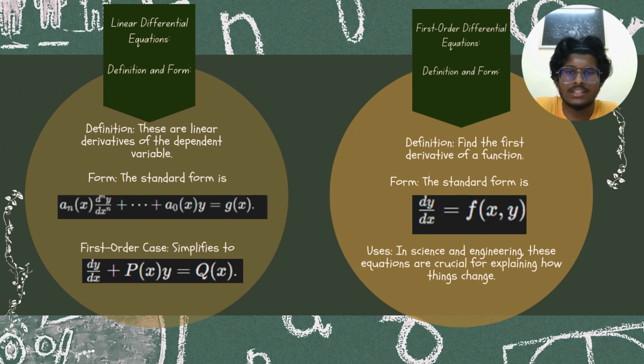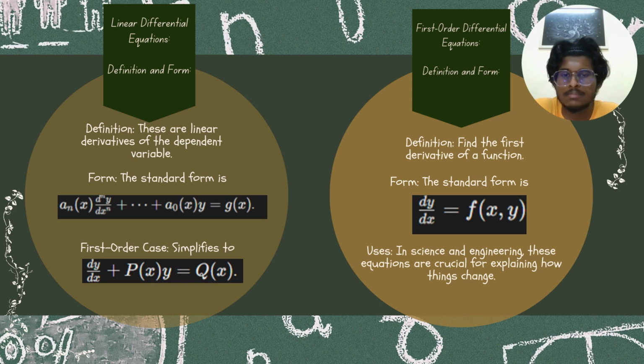The definition of a linear differential equation is that it is linear in the derivatives of the dependent variable, and the form is a_n(x) d^ny/dx^n plus, until you reach, a_0(x)y = g(x).